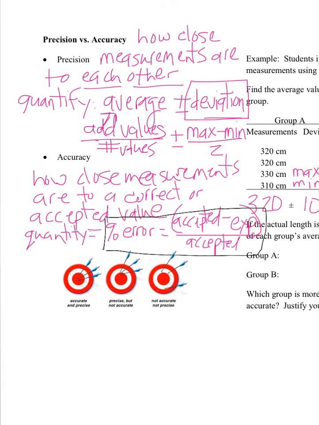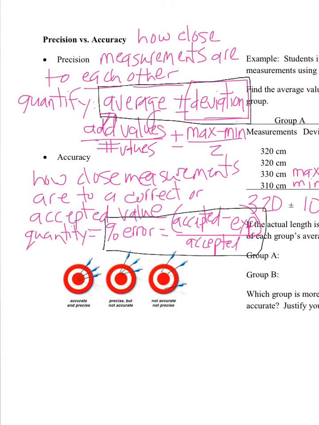You may want to put a box around up here too, the average plus or minus the deviation for precision. So the percent error is the proportion of the difference to the correct answer, or the accepted value.